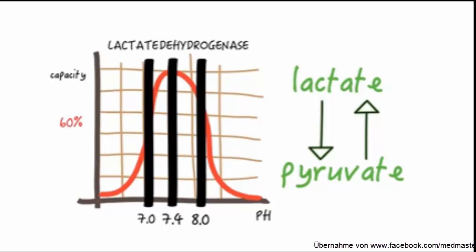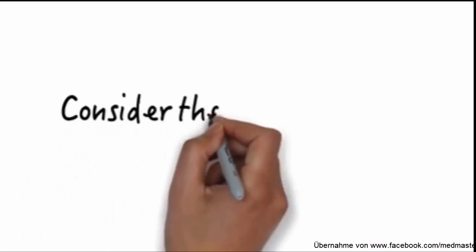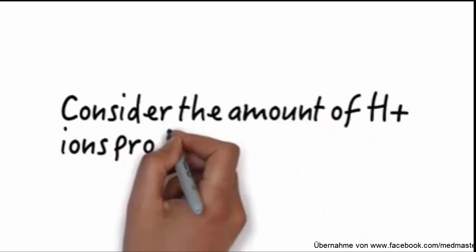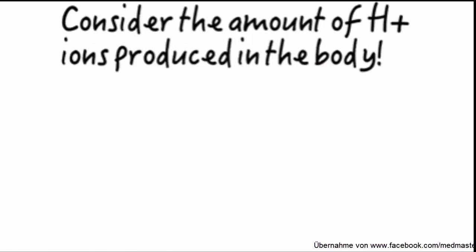Okay, so we said the body needs to maintain the pH in a very, very narrow range in order for the enzymes in the body to work. This capacity is really impressive, especially if you consider the amount of hydrogen ions produced in the body. The net acid production in the body is in the range of 100 millimoles per day.